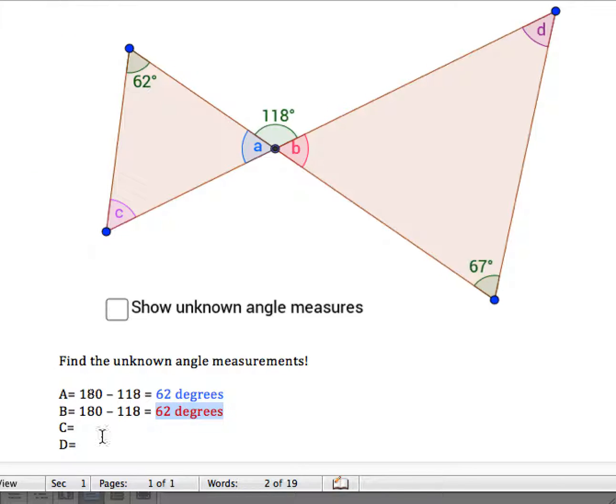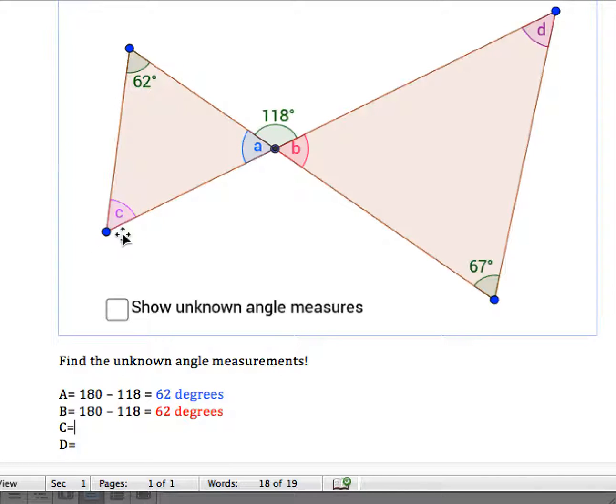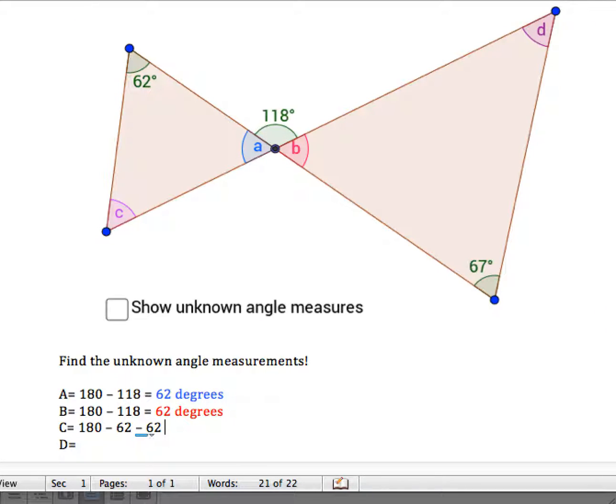So now that we know these two, we take a look at C, and triangles add to equal 180 degrees also. Since we have A and we have this second angle over here, 62, we can solve for C. So we would take 180, which is the total triangle, minus 62, which is given right here, minus 62, which is A, and the other angle that completes this triangle.